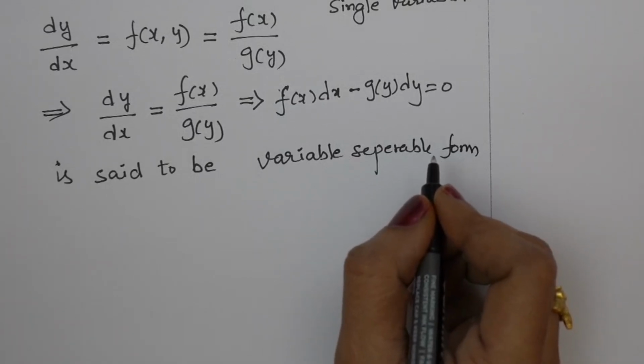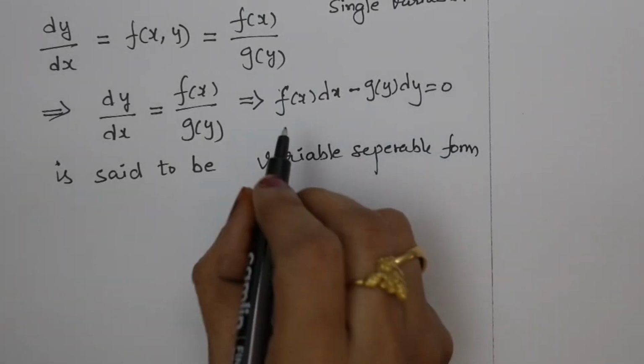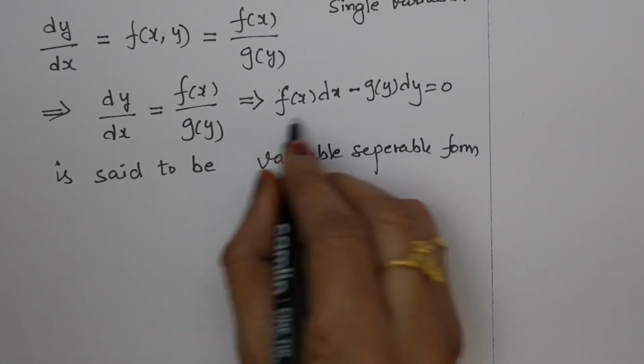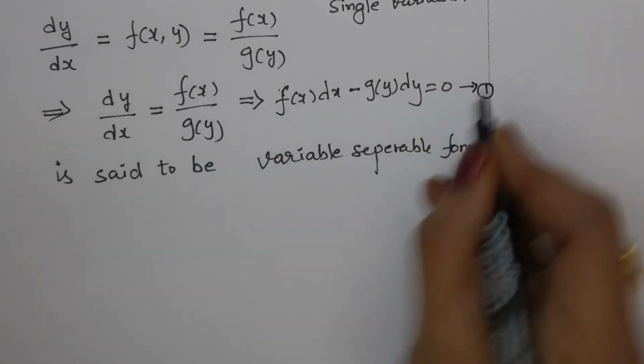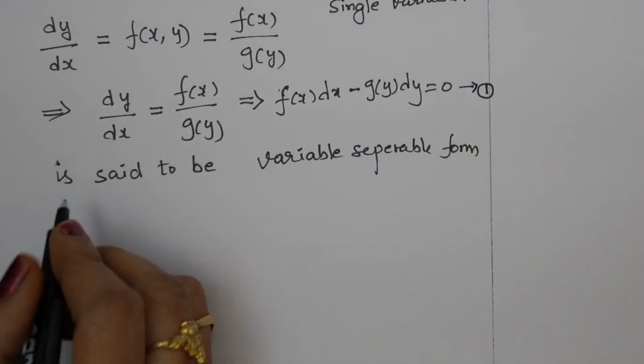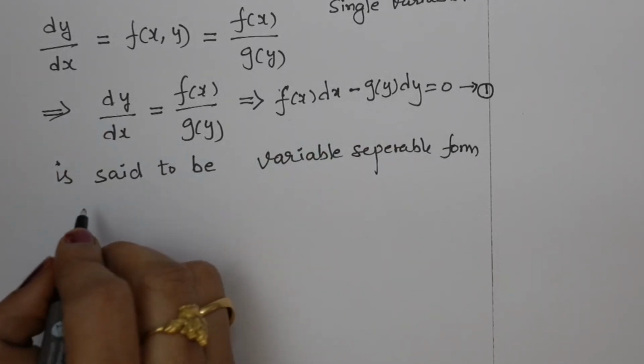Of the differential equation. Now, to obtain the general solution of this equation, we have to integrate each term on both sides.